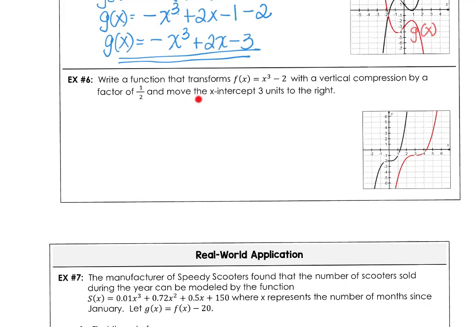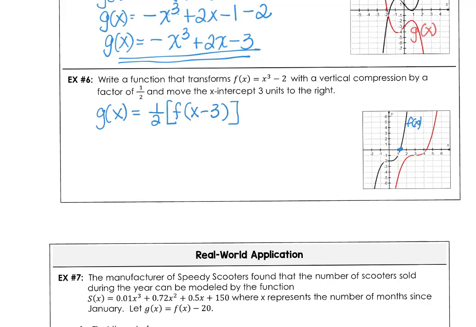So this language, move the x-intercept, means that we're going to take our f of x graph and get a vertical compression. So that's 1/2 times our f of x, but we want to move the x-intercept to the right. So that's going to shift x minus 3 to the right.